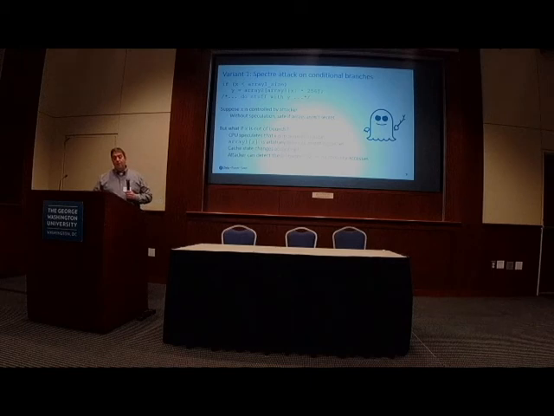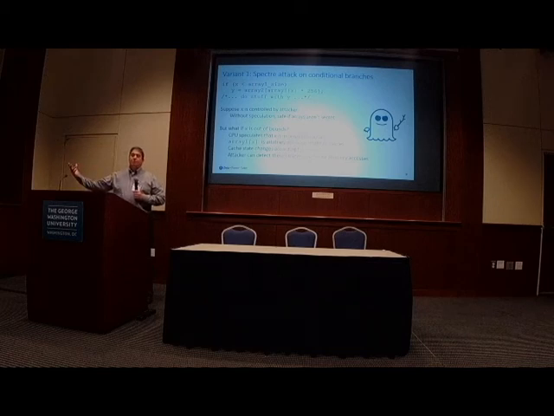Variant 1 is Spectre on conditional branches. I think we've talked about this a lot. Basically, you try to access memory that you don't have permission for, and it changes the cache state. You don't get it in your process, but you get it by the side channel on the cache.